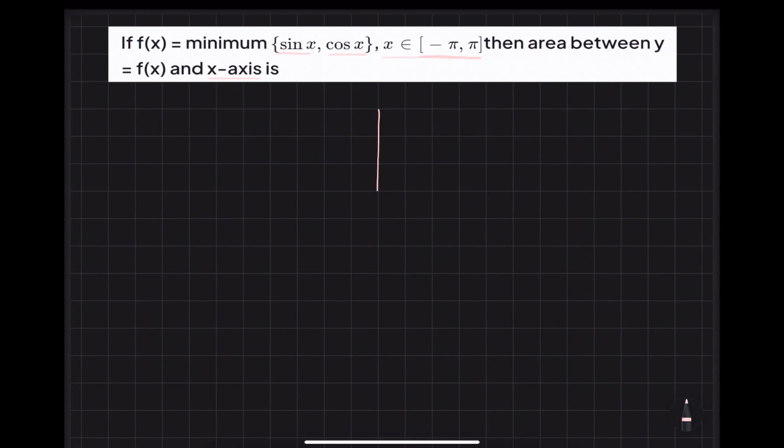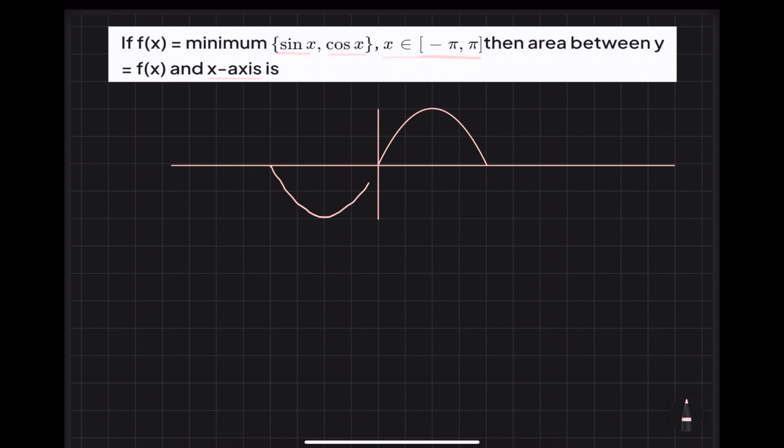So look at here. Let's draw a graph of the sine function first. Okay. Now done.